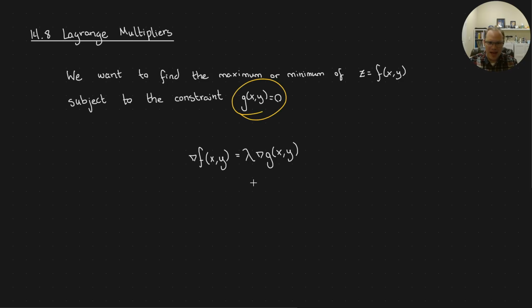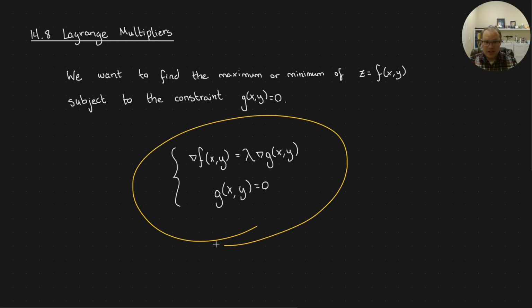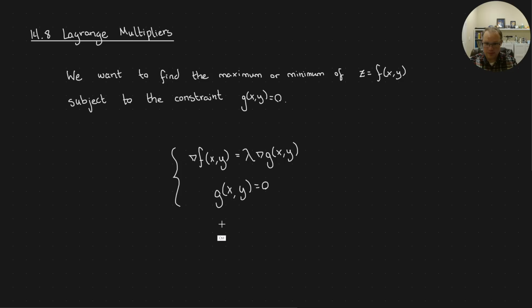So we need this extra piece of information. So the idea of this section is we're going to set up this system of equations and we will solve this system of equations.